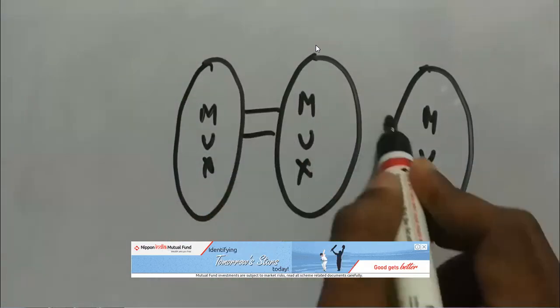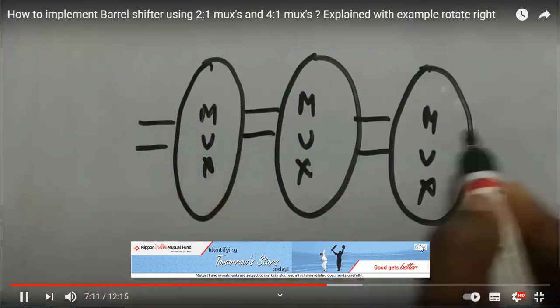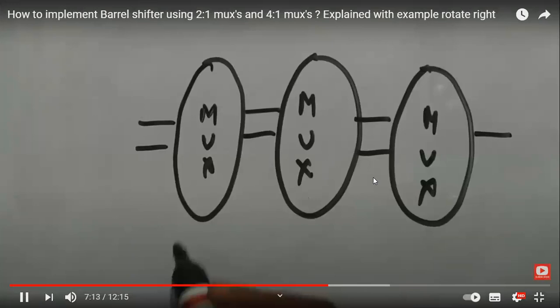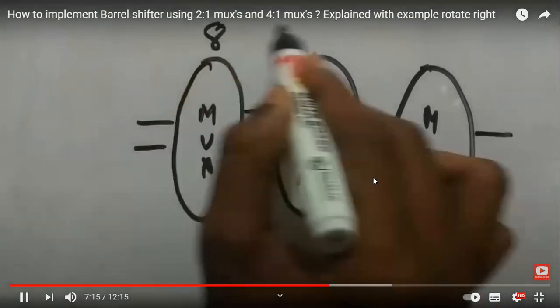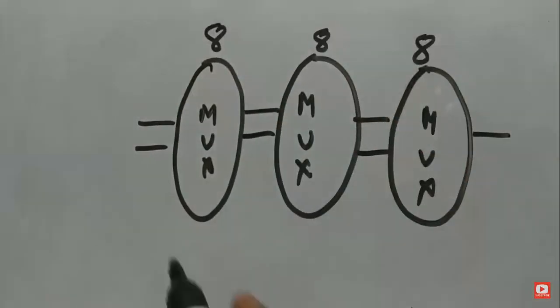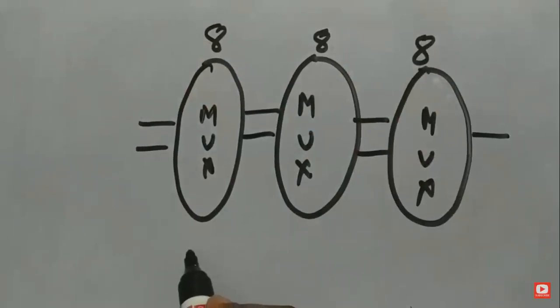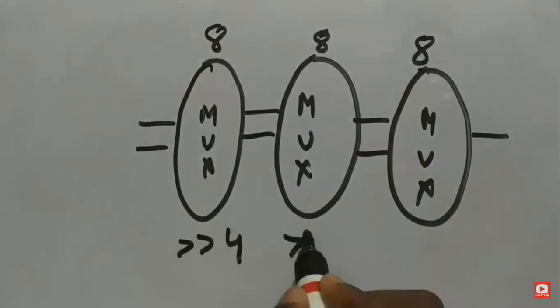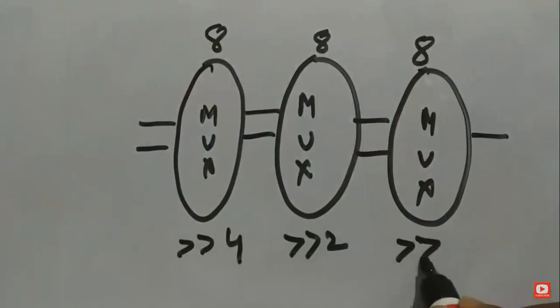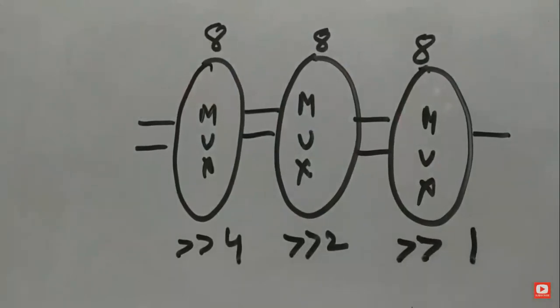So we will be having connections like that. This is not the exact connections, but for these 2:1 multiplexers, there will be 8 over here, 8 over here, 8 over here. This stage will perform an operation of rotate right by 4, this one will perform rotate right by 2, and this one will perform rotate right by 1. If it is a rotate left operation, this will be 4, this will be 4, this will be 2 and 1. Okay, in that fashion.